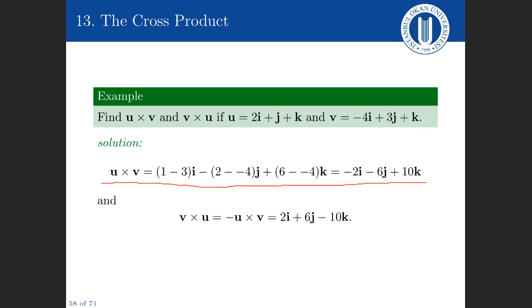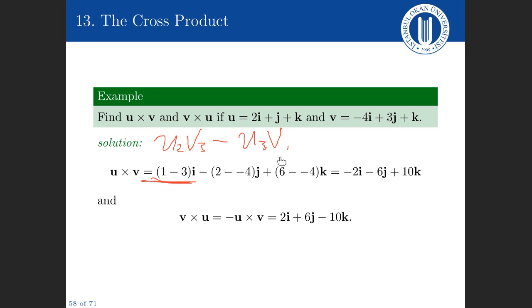The formula is U2 V3 minus U3 V2, times i. Write that again. It's U2 V3 minus U3 V2 times i. U2 V3 is 1 multiplied by 1, or 1.